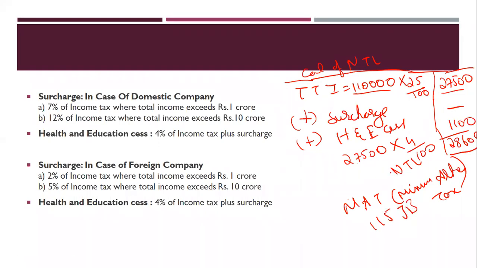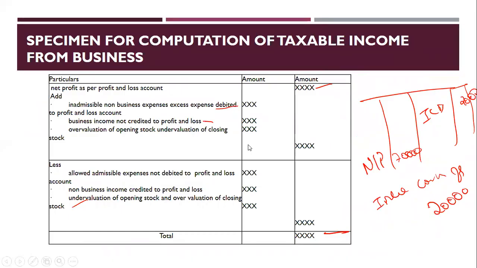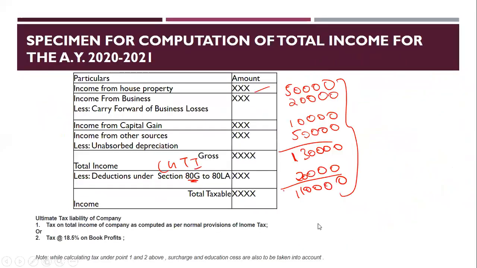Under this section you have to calculate MAT and compare it with the normal tax liability. For example, we got a normal tax liability of 28,600, right? So we have to calculate MAT, that is tax at 18.5% on book profit.